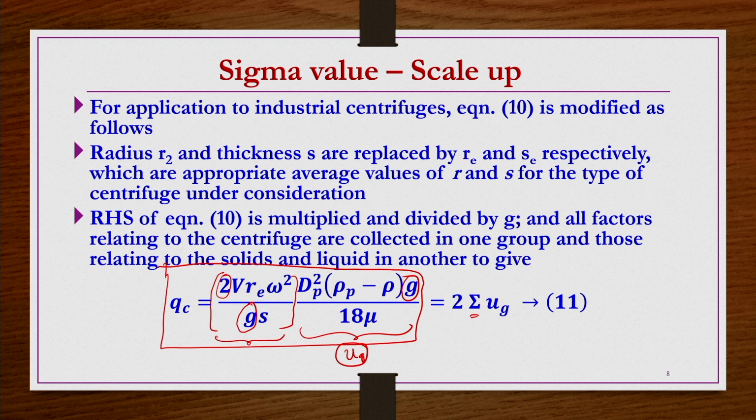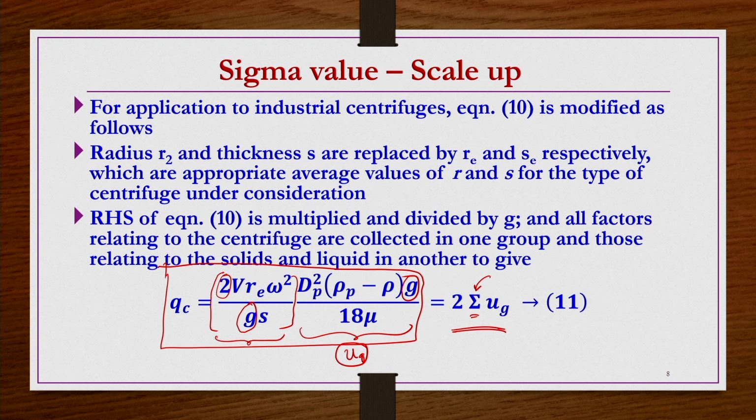So, this Q_C we can write as 2 sigma u_g. This sigma is not a summation; it is a symbol that has been used for this scale up purpose. So, equation number 10 we can write as 2 sigma u_g, simply by dividing and multiplying the right hand side of equation number 10 by the acceleration due to gravity g, and then rearranging it.